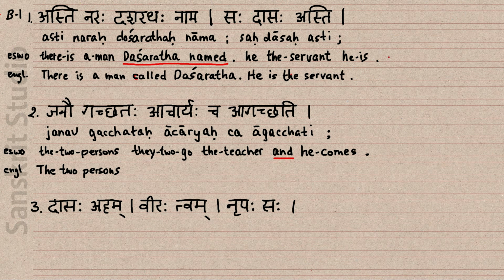Now when we are moving down to the English line: the two persons go, and then the "and," let's put it before here, and then we do the teacher.